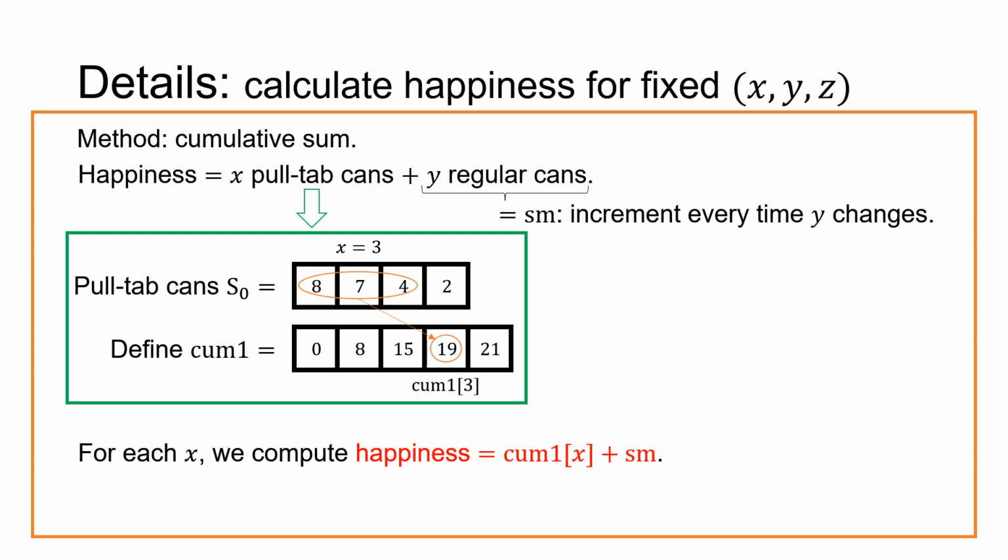But since we iterate y, we don't need to make the cumulative list for regular cans, but just define a variable sum and increment it every time we update y. Then happiness is calculated as cum1 of x plus sum. I have finished the explanation of the algorithm.